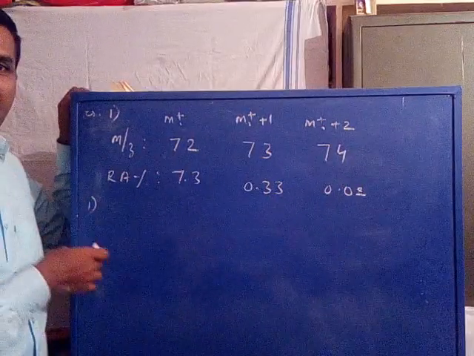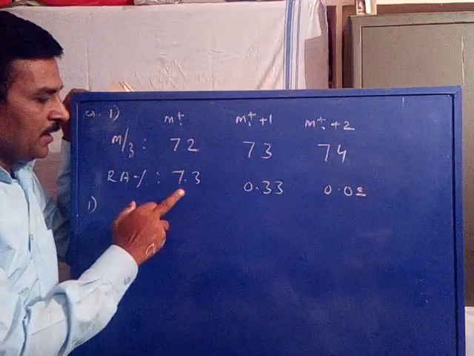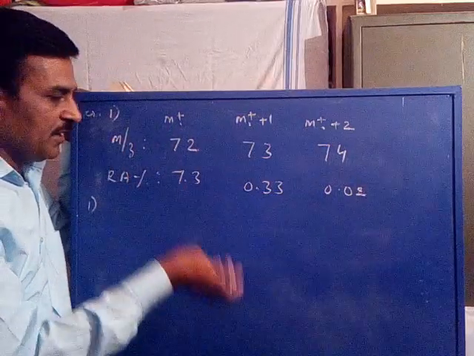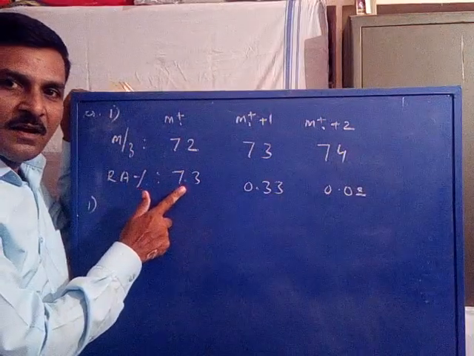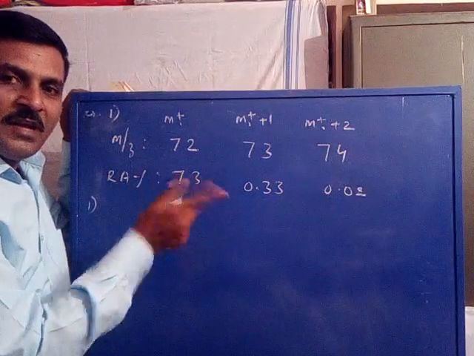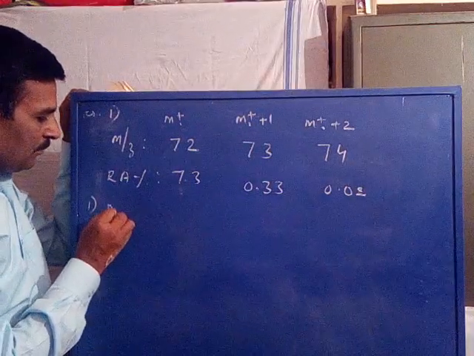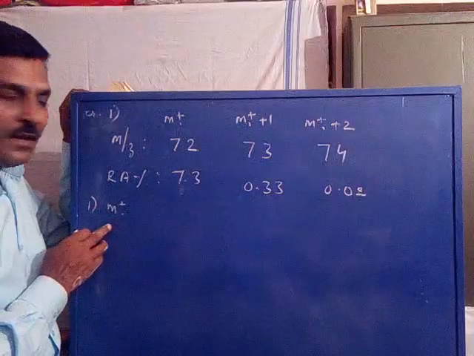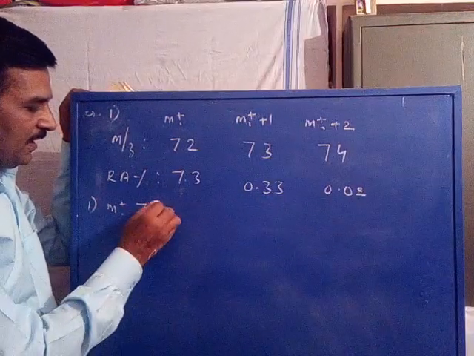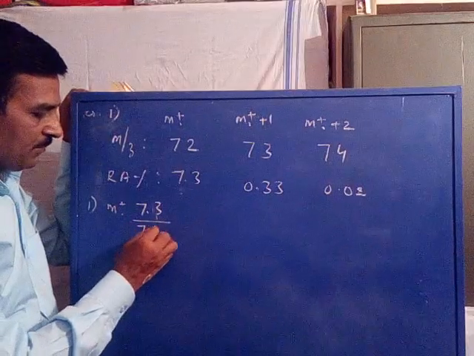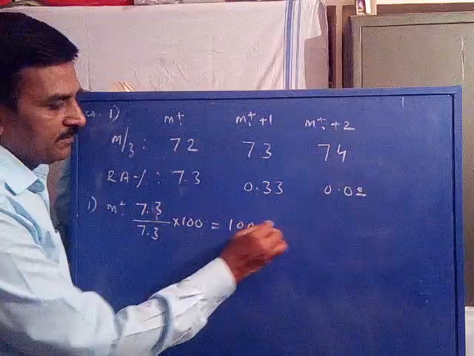Now coming to the first guideline, we have studied that if this is the molecular ion, its intensity is not 100%, it is only 7.3%. If the intensity of the molecular ion is not 100%, then we have to raise its intensity to 100%. The molecular ion signal intensity is raised as 7.3 divided by 7.3 into 100, it becomes 100%.